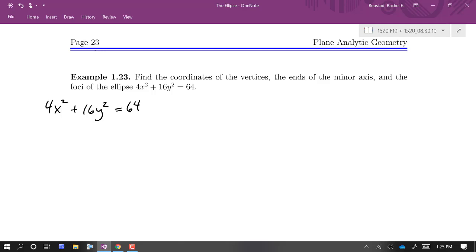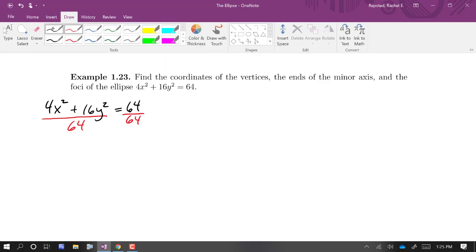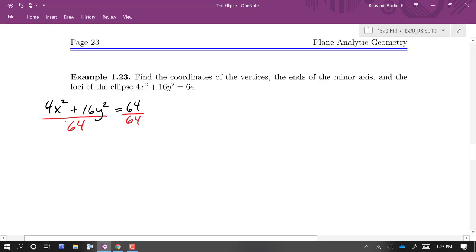It would be set equal to 1, but it still would not be in standard form. So instead, we'll just divide both sides by 64. Four goes into 64 16 times. 16 goes into 64 4 times. Now that's in standard form.